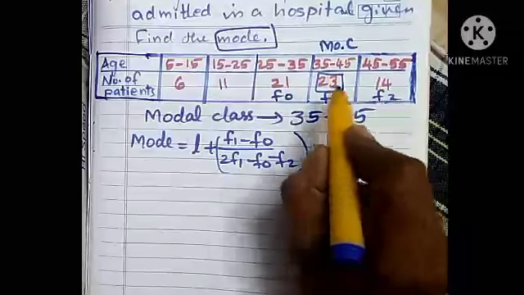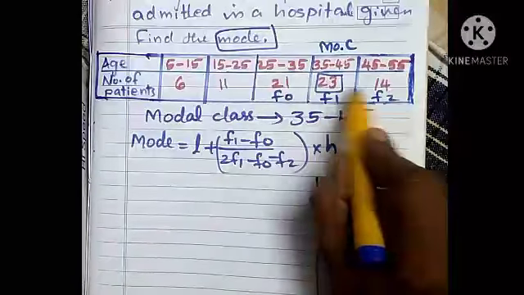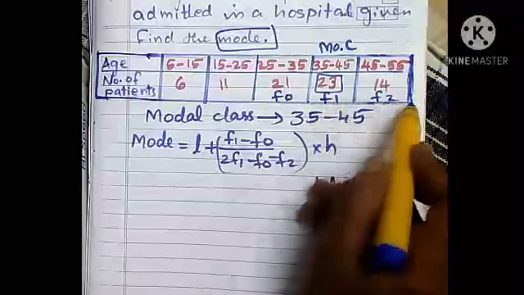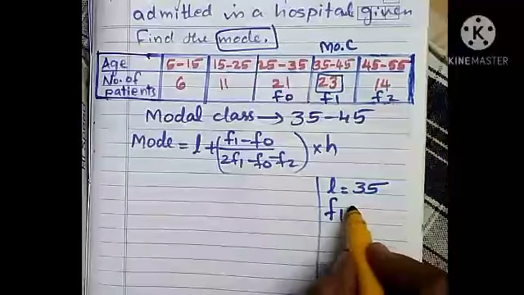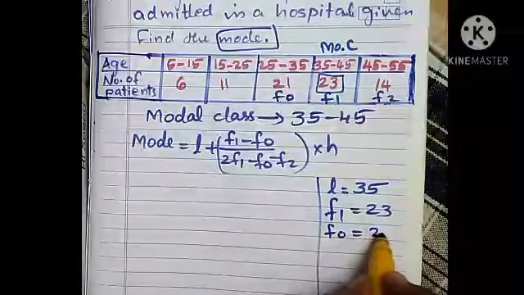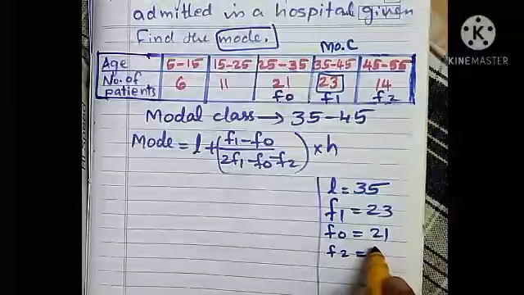Just preceding class frequency F0. Next succeeding class frequency F2. So we can mark like this: F0, F1, F2. Here F1 is the maximum. So F1 equal to 23. F0 equal to 21.